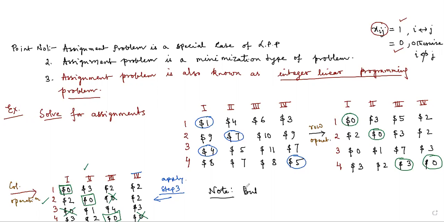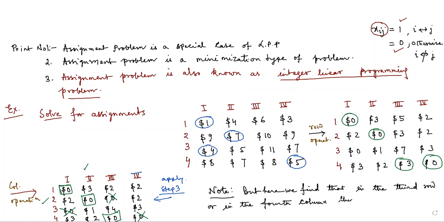But here we find that in the third row, or you can say in the fourth column, there is no assignment, and therefore this assignment matrix is not an optimal matrix, so we have to do something else over here.